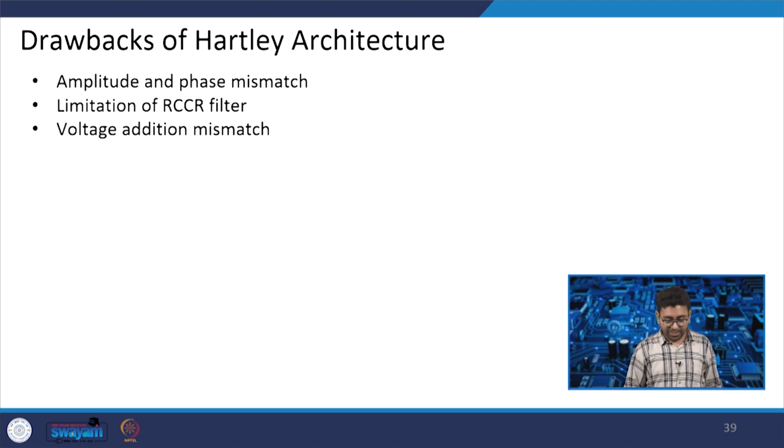So, what are the drawbacks of the Hartley architecture? There is an amplitude and phase mismatch, there is a limitation in the RC-CR filter, and the problem of voltage addition, so this mismatch will also be there. While designing the Hartley architecture, the important term is the amplitude and phase mismatch.